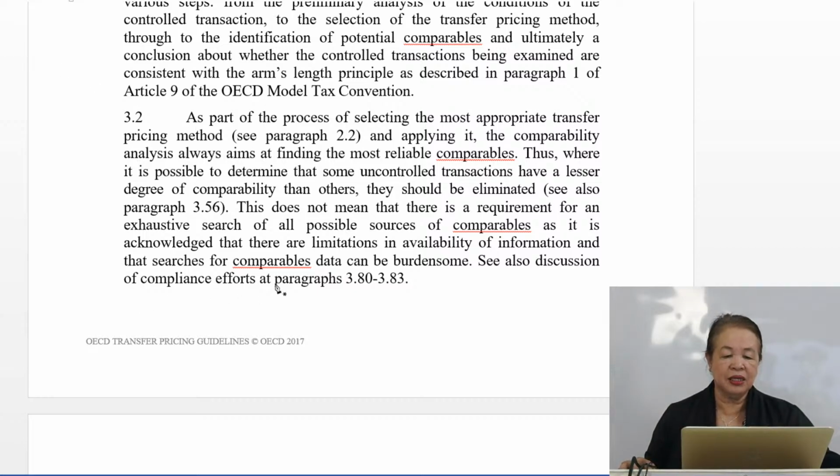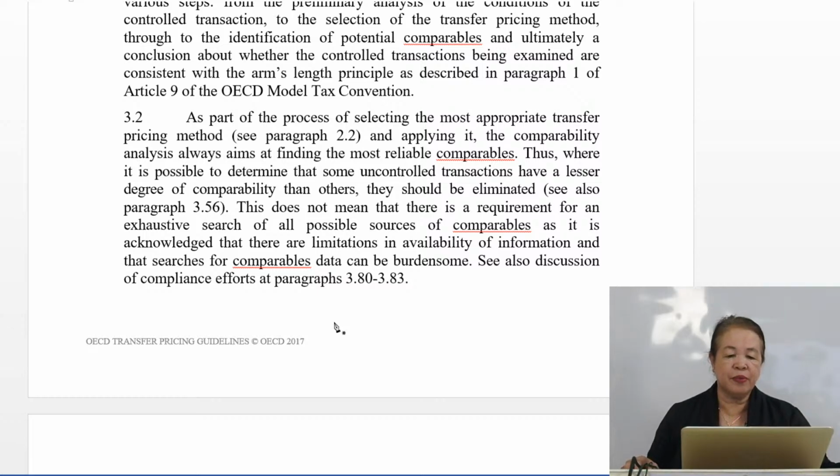This does not mean that there is a requirement for an exhaustive search of all possible sources of comparables, as it is acknowledged that there are limitations in availability of information and that searches for comparables data can be burdensome, no? So see also discussions of compliance efforts at paragraph 3.8 and 3.83, no?